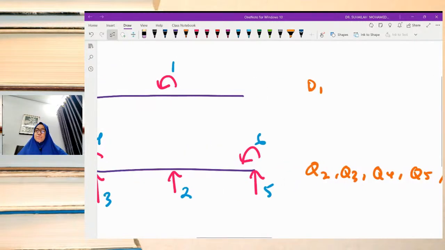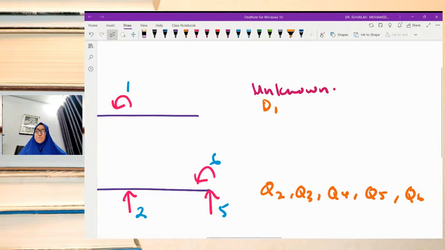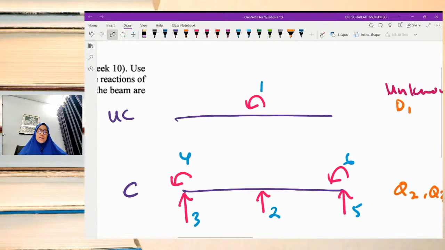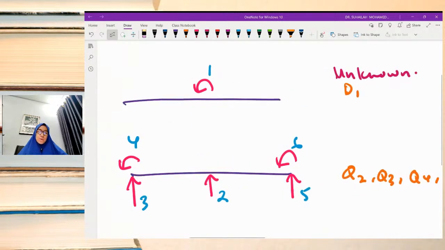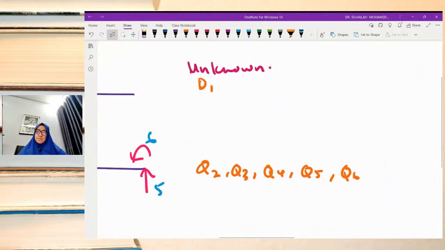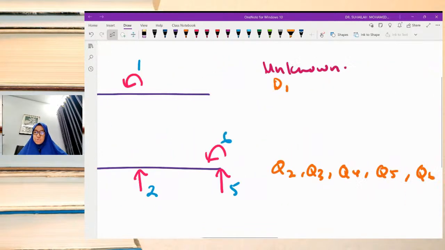For the unknowns, we have D1 under the unconstrained system, and we have 5 unknown reactions under the constrained system.